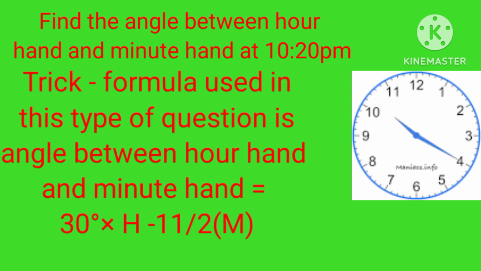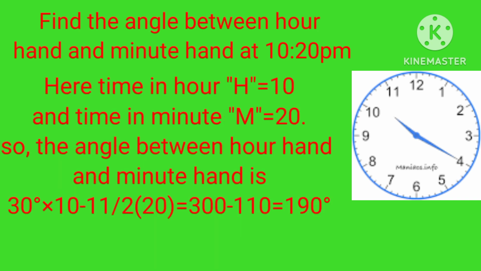The trick for such questions: the angle between hour hand and minute hand, we use the formula 30 degree multiplied by time in hour minus 11 by 2 multiplied by time in minutes.